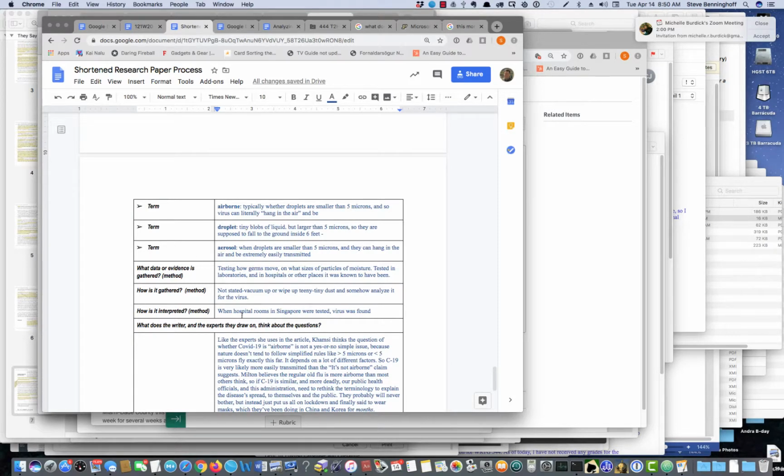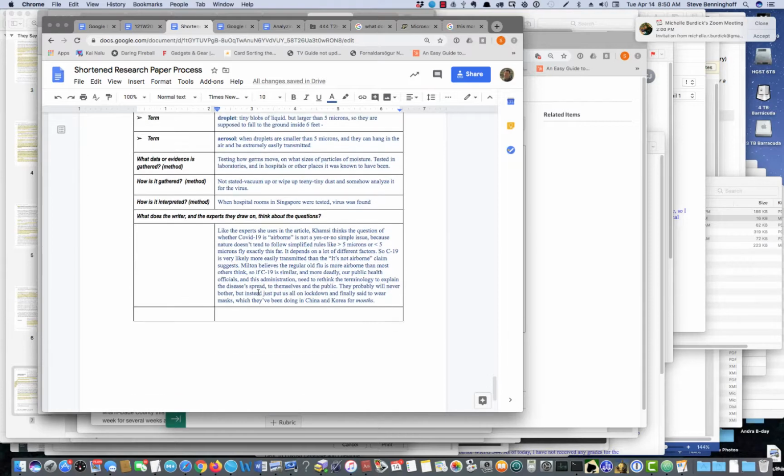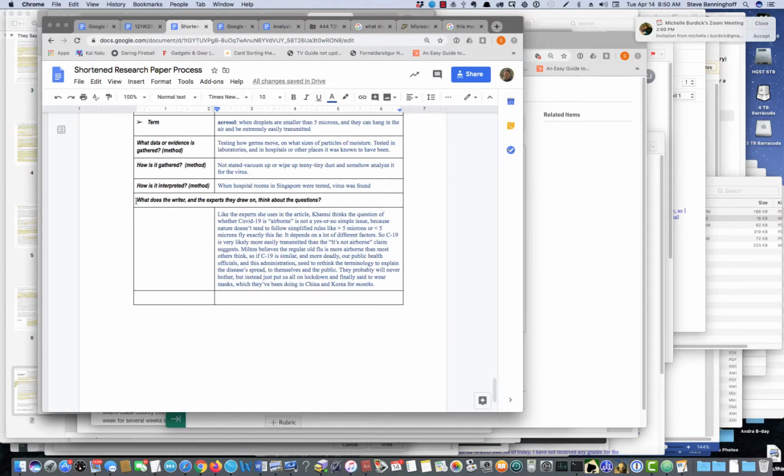so once we go through the terms, the interpretation of the data, what are qualifications to go with it? And then the last part of the form, what does the writer and the experts that they draw on think about the questions? And so this is where I'm trying to do a sort of summary.